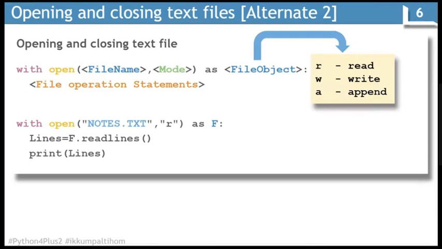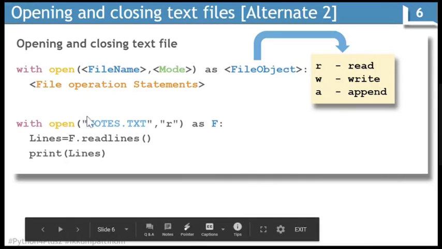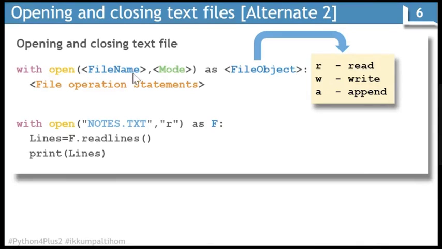There is one more way you can open and close files. You can look at the alternate 2, where we start with the keyword with, and we write open. Inside the bracket, we specify two parameters: the name of the physical file along with the mode, and then you use the keyword as, and next to that, you write the file object. If you see the difference between the earlier method of opening and this method, in the earlier method we were writing file object equal to open, and in this case, we are writing as file object.